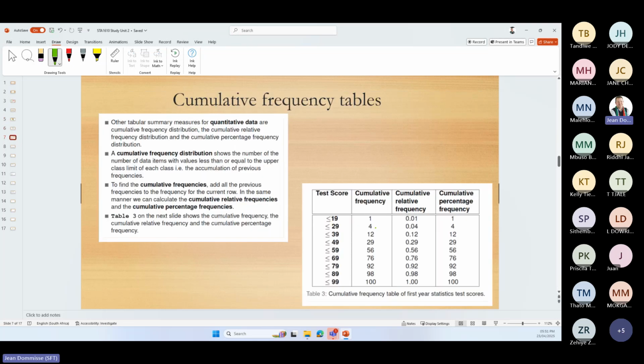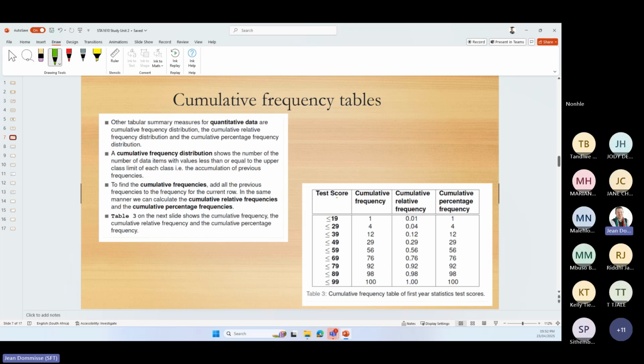Okay, so let's then look at the different ways. Here you can see again a different way that they have structured it. So now it's not in categories from 0 to 19, 20 to 29, 30 to 39.